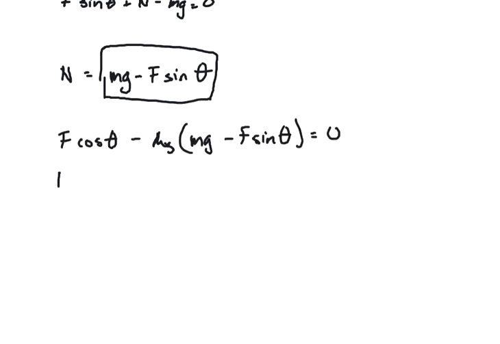Remember, the ultimate goal here for this problem is to solve for f. So I'm going to try and isolate f. I'm going to distribute this mu sub s, the coefficient of static friction, and it's going to look something like this. Negative times negative is positive.